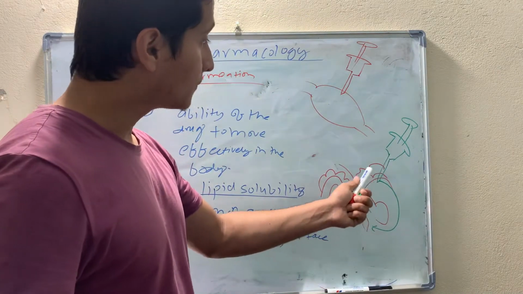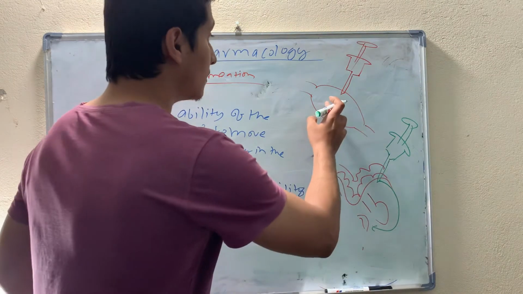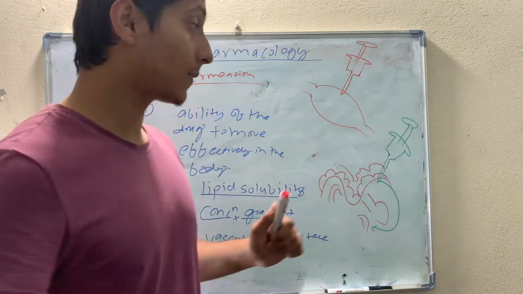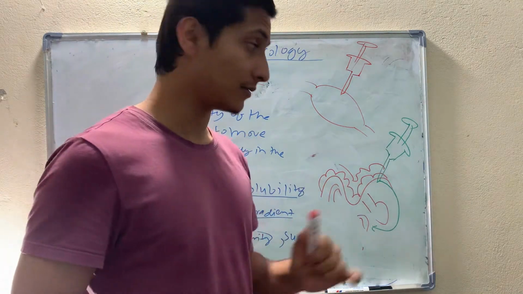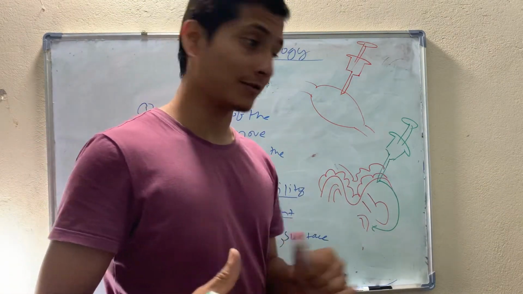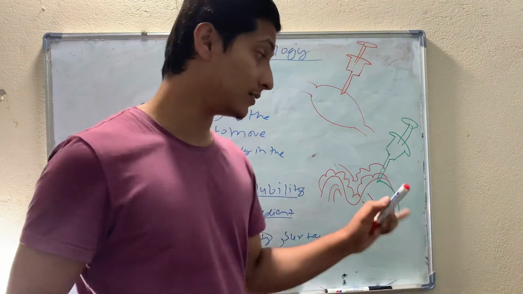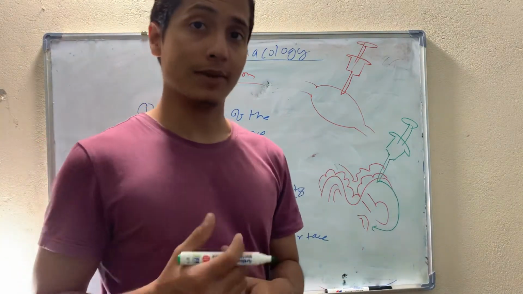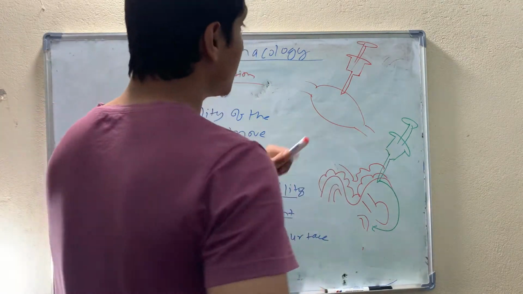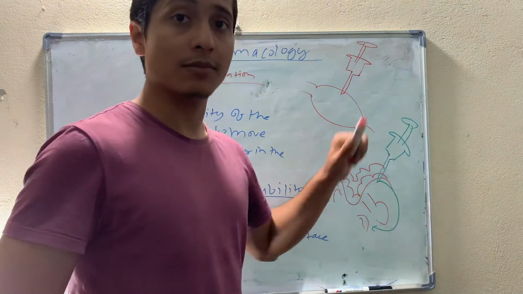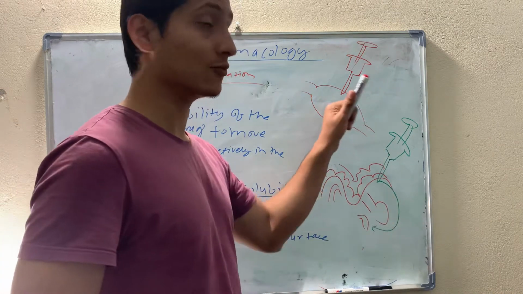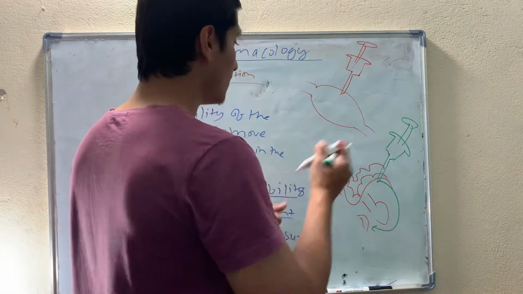The muscle is very vascular. There are so many vessels in the muscle, but not as many in the dermis or subcutaneous tissues. So the drug can more easily permeate through the muscles than through the subcutaneous tissues, because muscles have more vascularity.